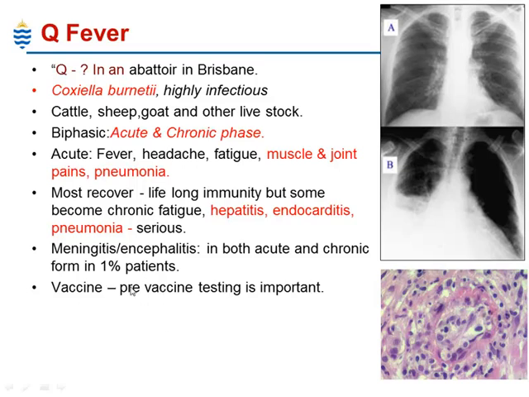Pre-vaccine testing is an important procedure, unlike other vaccines. The chronic phase is the most dangerous. The primary phase may heal even without treatment. Hepatitis, endocarditis, pneumonia can be very serious. Pneumonia can occur even in the acute phase.